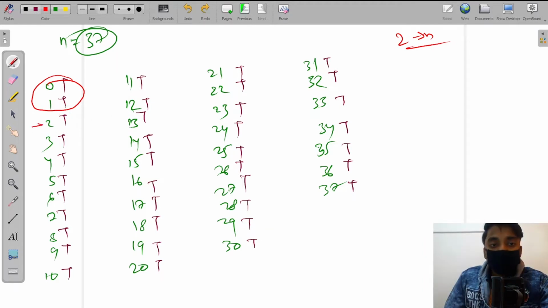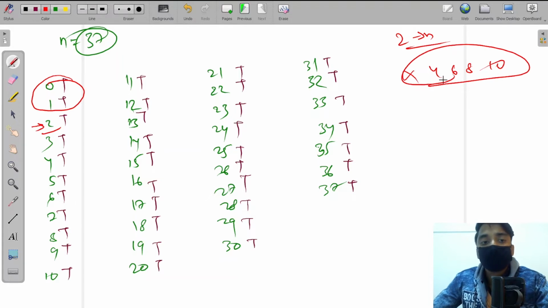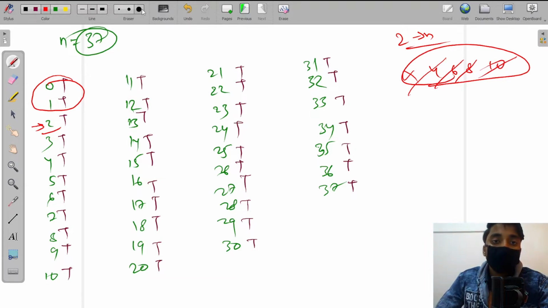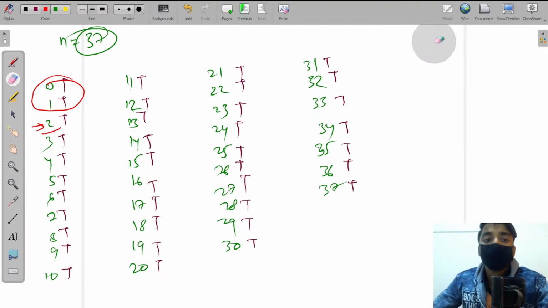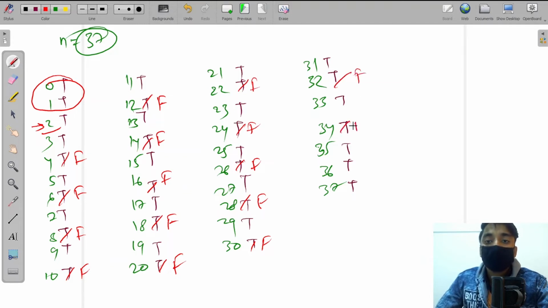So this means if 2 is true, the multiples of 2 like 4, 6, 8, 10 are not prime numbers because 2 can divide all of them. So we need to unmark all the numbers which are multiples of 2: 4, 6, 8, 10, 12, 14, 16, 18, 20, 22, 24, 26, 28, 30, 32, 34, 36.